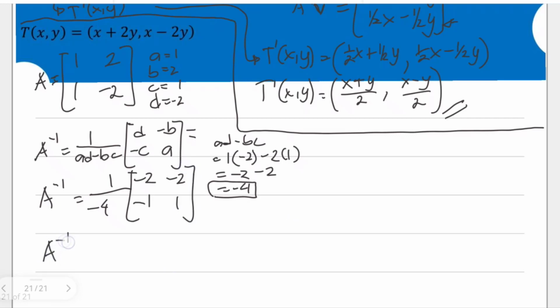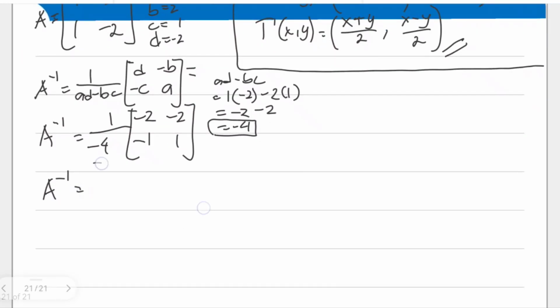So the inverse is equal to negative 1 over 4 times this, so you have positive 1/2, positive 1/2, positive 1/4, and negative 1/4, when you multiply the 1/4 scalar to all the entries.